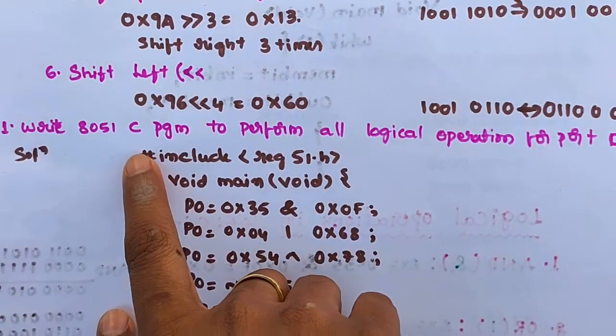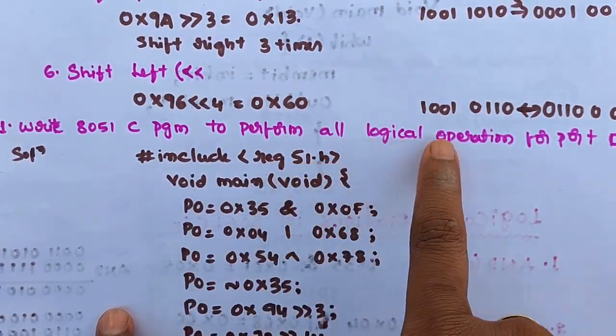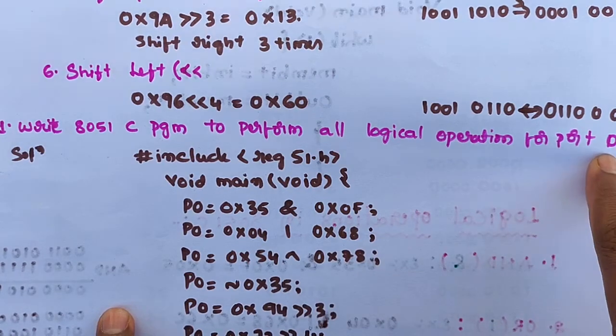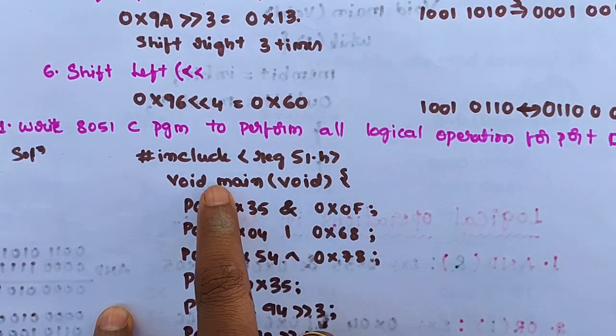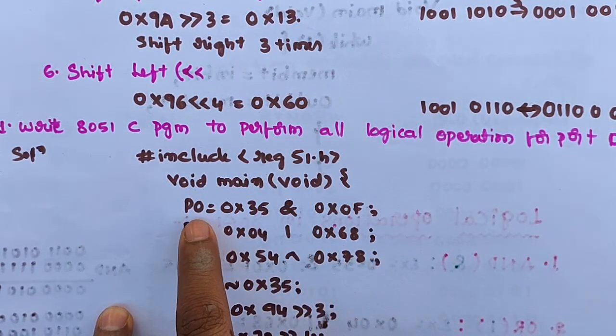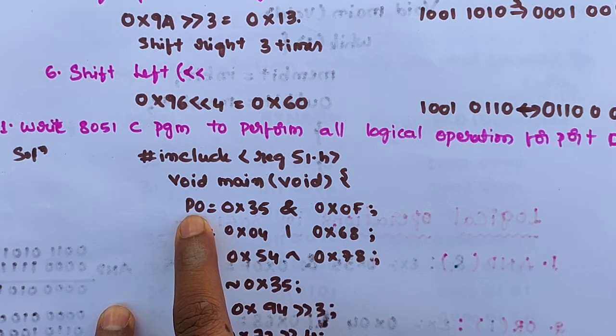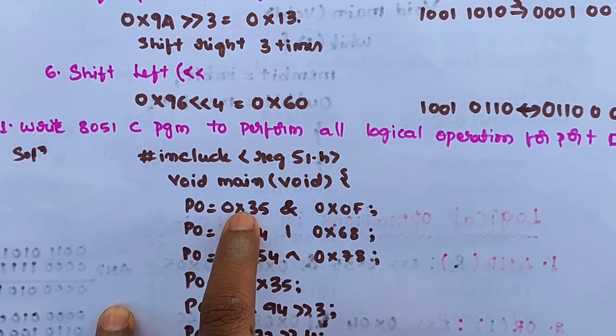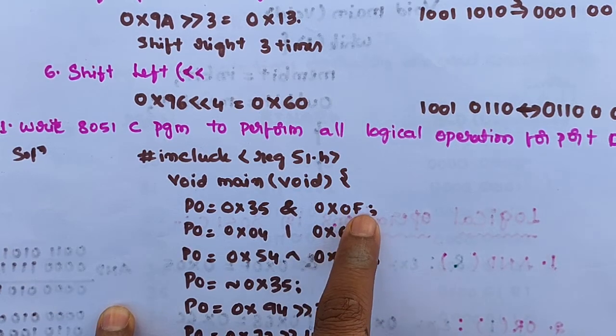And here is a simple program. Write a C program to perform all logical operations on port 0. That means we are performing the logical operations for a particular port, port 0. We are performing 35 and 0F.